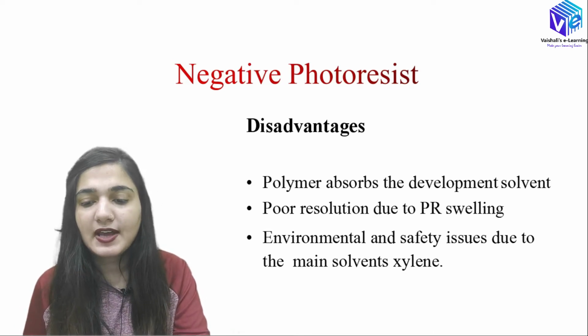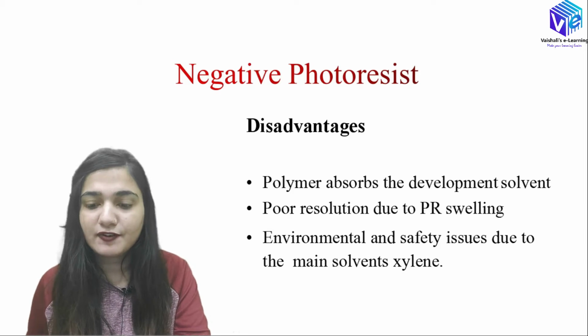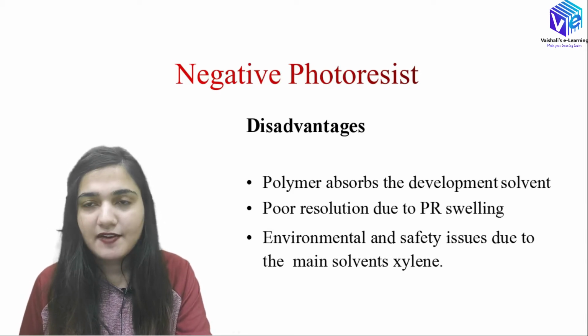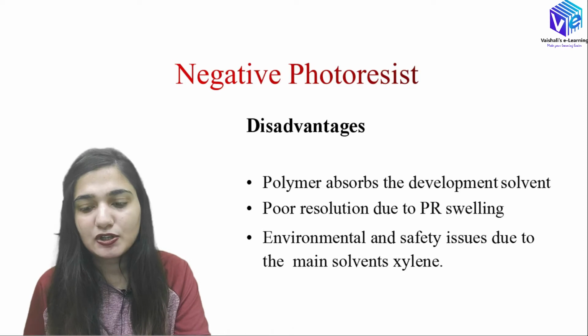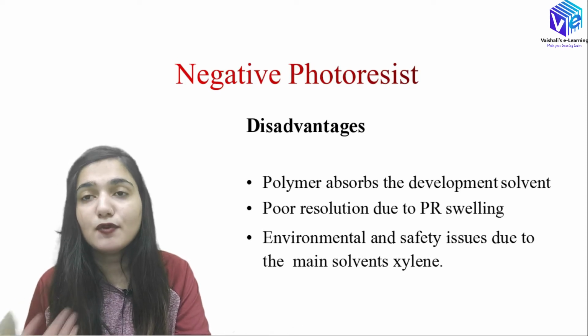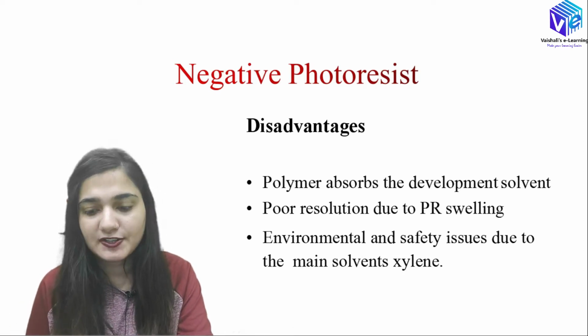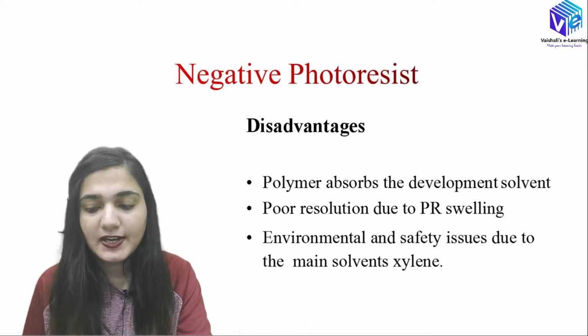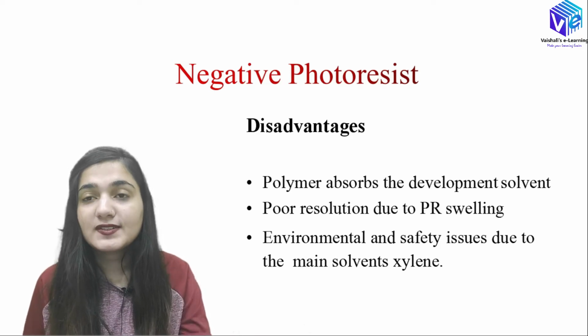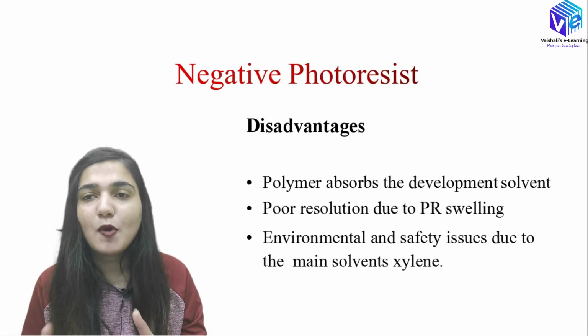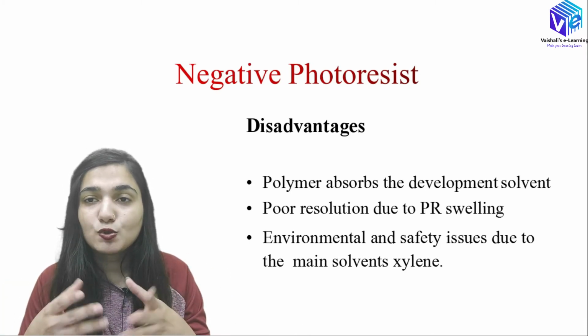So now here we have some disadvantages of negative photoresist. As I already told you, we have the resolution problem, then we have the polymer which absorbs the developmental solution, so we require more developmental solution for this process. We have the poor resolution that I told you about, but why? Because the photoresist swells. If it becomes a polymer, it will swell.